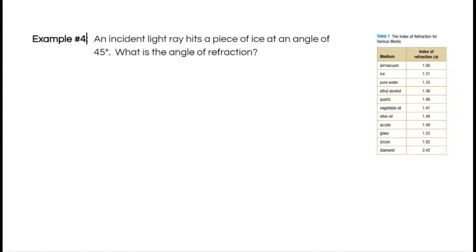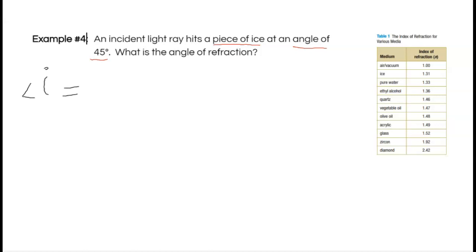Okay, so let's take a look at this. The question reads, an incident light ray hits a piece of ice. I'm going to leave that for a second, but the fact that it's a piece of ice will give us information about the index of refraction. And it hits it at an angle of 45 degrees, so that 45 degrees is my angle of incidence.